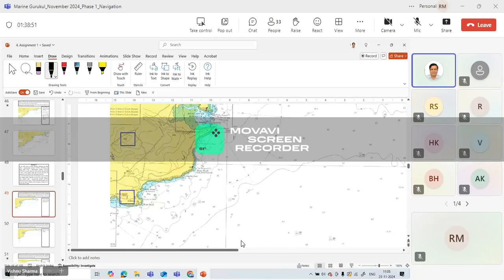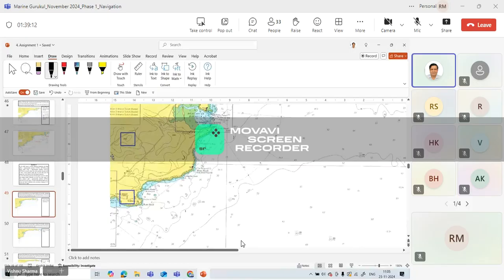UKC 45 meters, draft 7 meters. So the depth with respect to the sea level at that time becomes 52 meters. But we don't want the depth from the actual level, we want it from the chart datum.